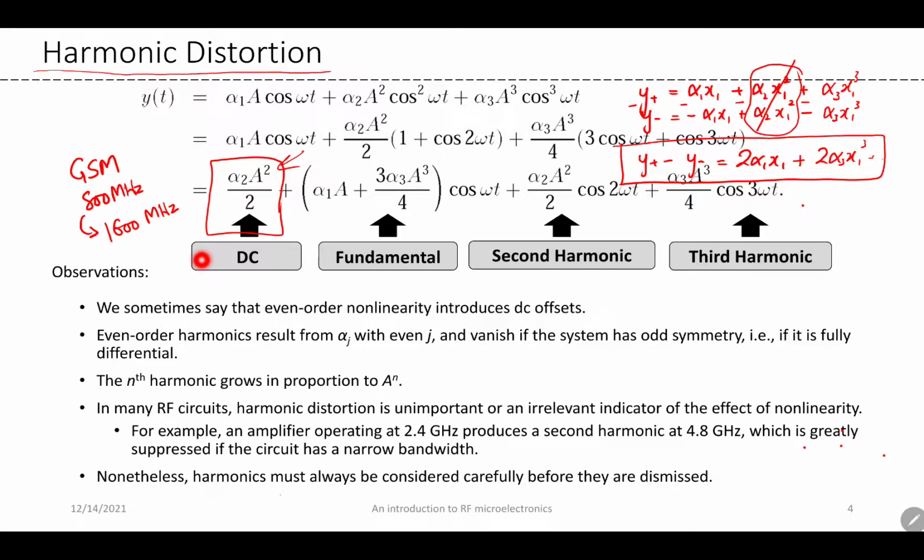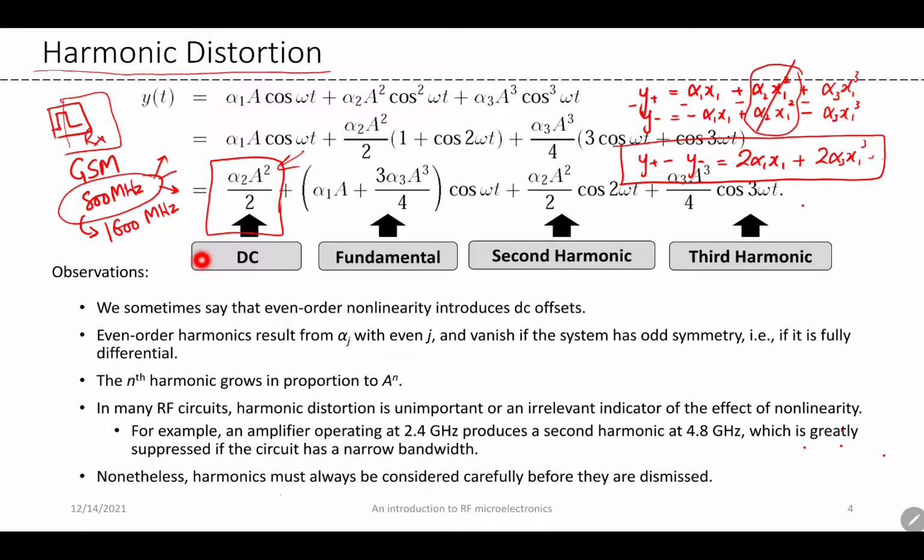Now the thing is that GSM receivers are built around 800 megahertz. So the first stage of any GSM receiver would be a filter, which would filter anything above and anything below 800 megahertz.